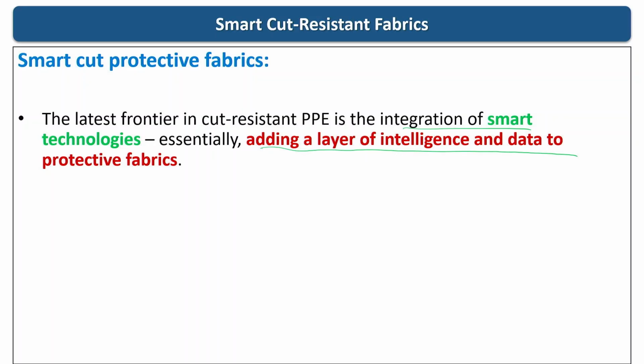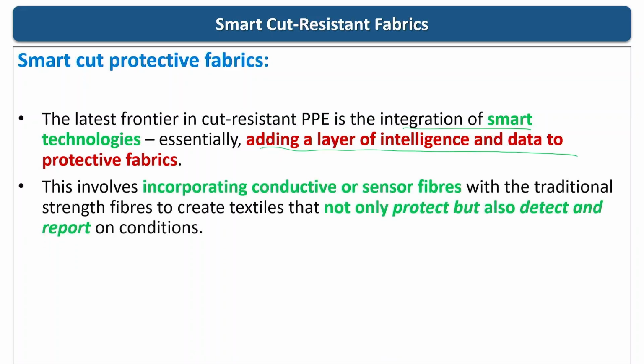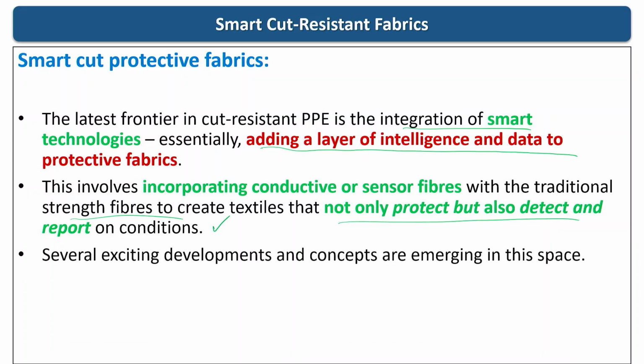So, in this smart cut protective textile, we can incorporate conductive or sensor fibers with the traditional strength, to create textiles that not only protect, but also detect and report the conditions. That will be helpful in some extreme conditions.